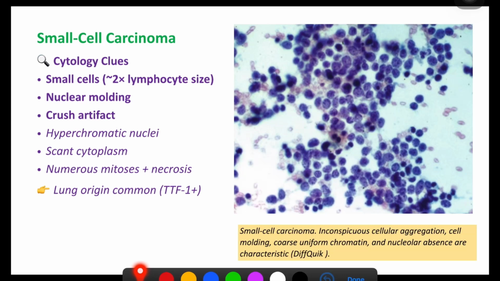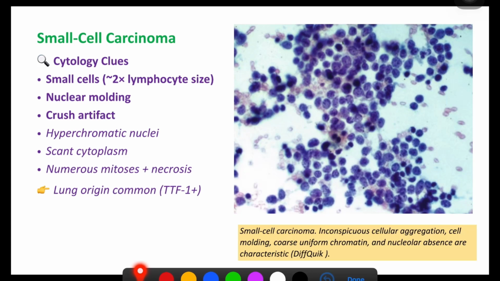Now small cell carcinoma, where the cells are larger than lymphocytes, mostly 2 times lymphocyte size. Nuclear molding is visible in high power view, crush artifact may be seen, with hyperchromatic nuclei with scant cytoplasm, and numerous mitosis with necrosis if present.